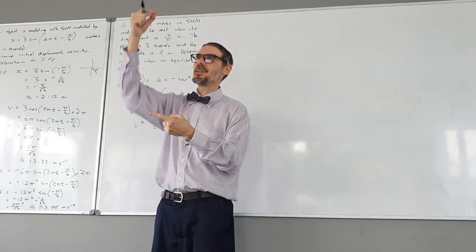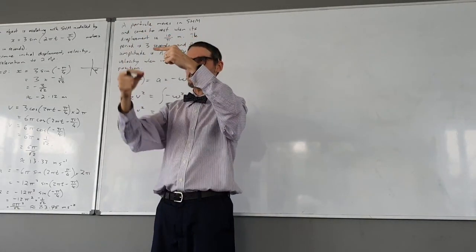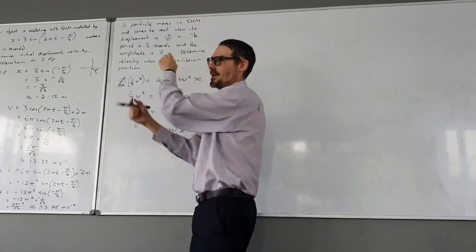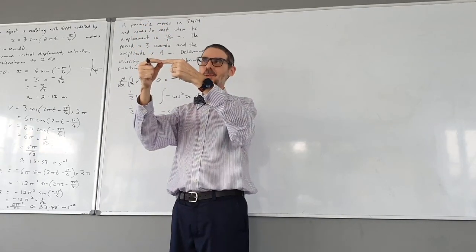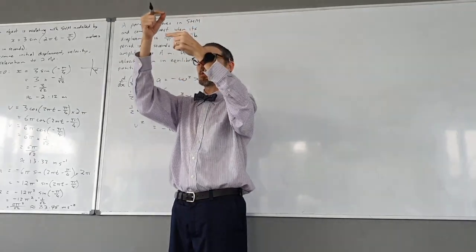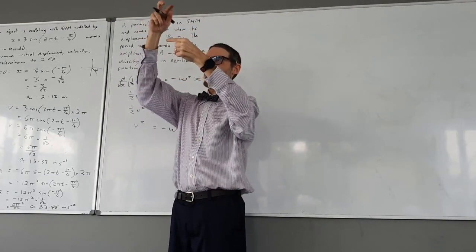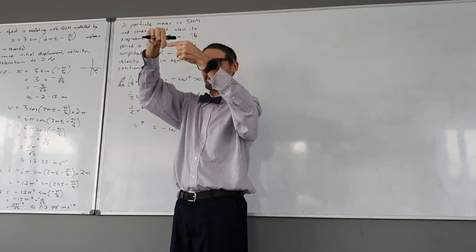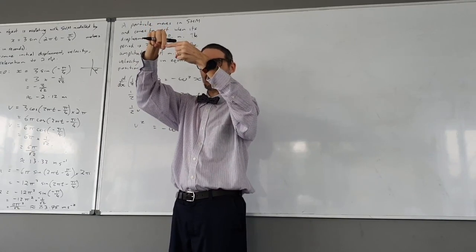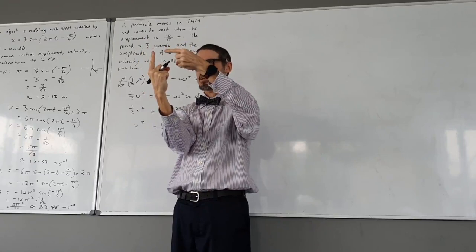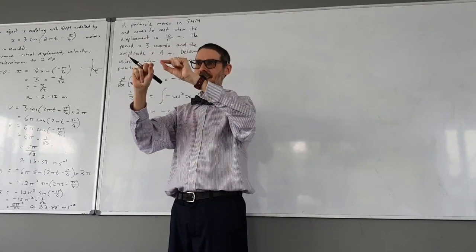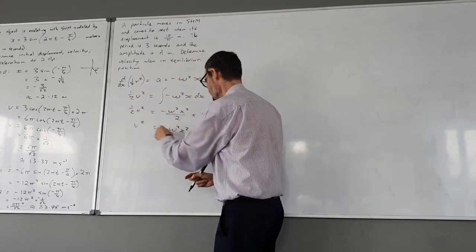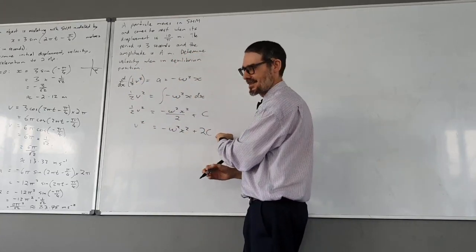When it's at equilibrium position, its velocity is at its maximum. There's one more thing you can know about that. When it's at its equilibrium position in the middle, if it's above equilibrium, acceleration is downwards. If it's below equilibrium, acceleration is upwards. So at equilibrium, its acceleration is 0. So you can often use those kinds of things to work out what my constant is.